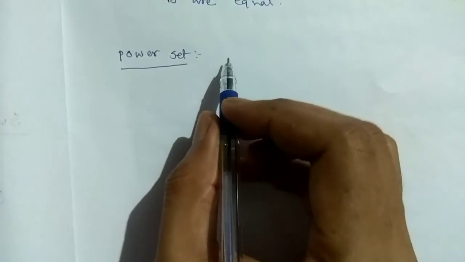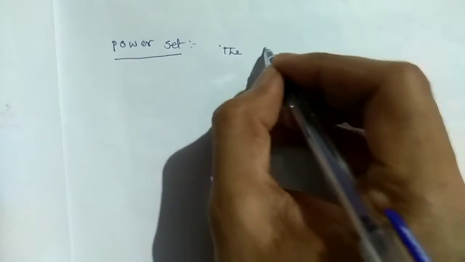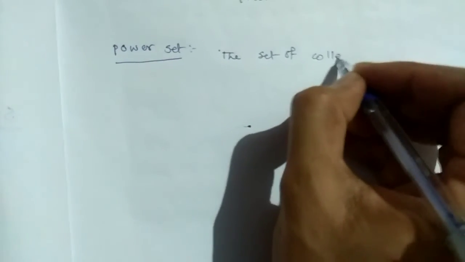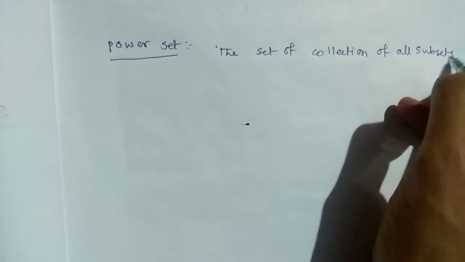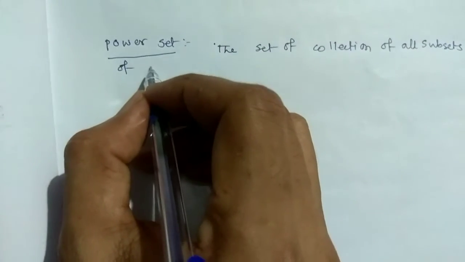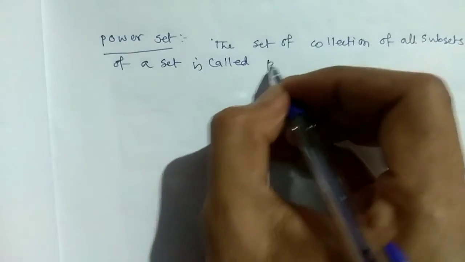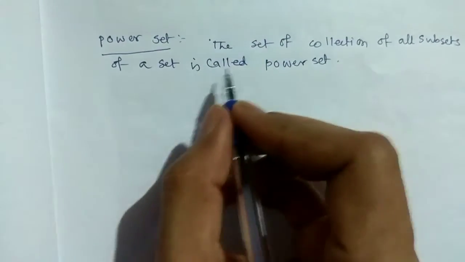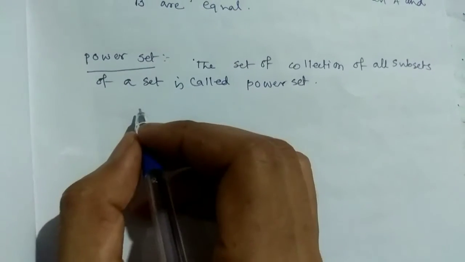Now we define power set. Power set is denoted by rho of A. The collection of all subsets of a set is called the power set.